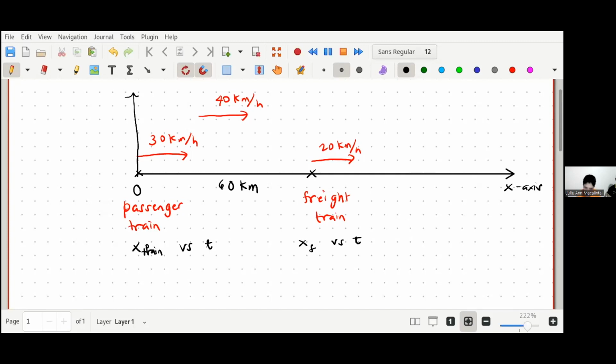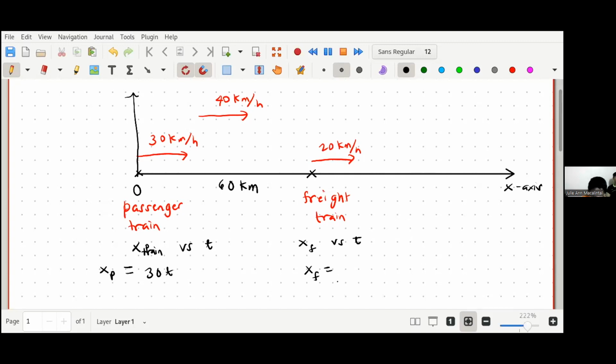So ano yung position ng passenger train? So let's call that XP in terms of T, and position ng freight train in terms of T. Ano yung equations nila? 30 T po yung passenger, freight train is 20 T. Okay.